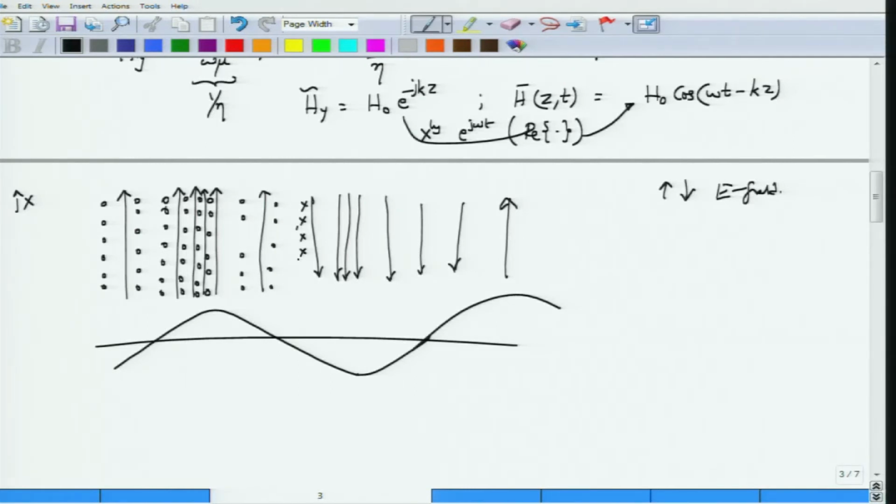For example, if you consider these open dots as the field lines which are coming out along the y direction, then this cross would consist of field lines going in the minus y direction. So this is your H field lines, okay. So this is how the magnetic field lines would look.